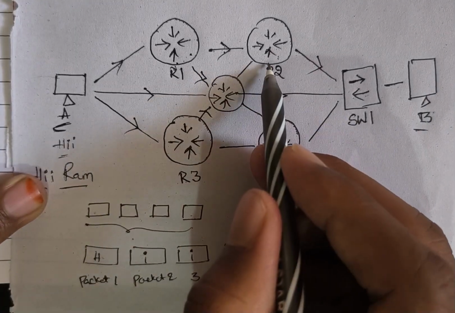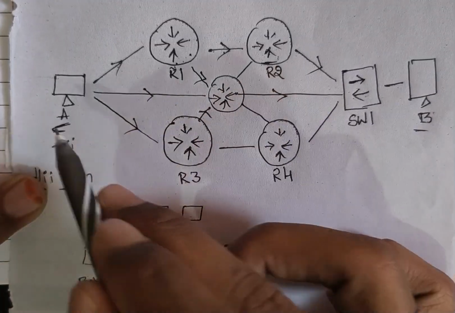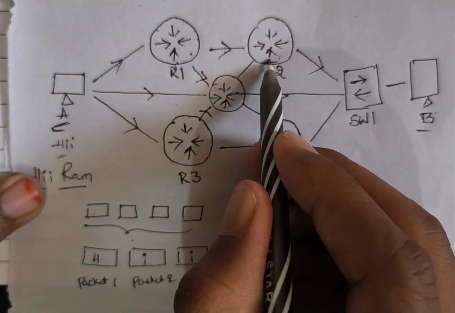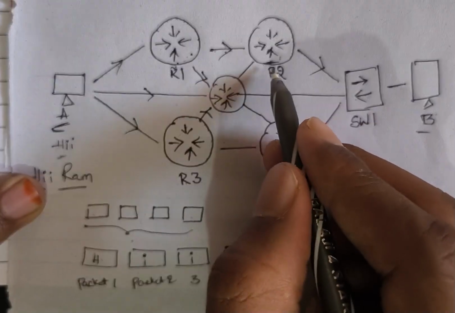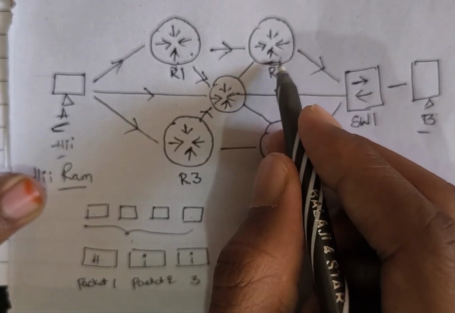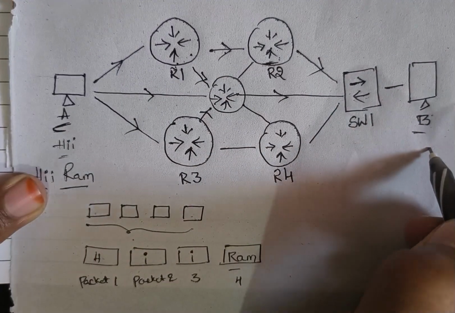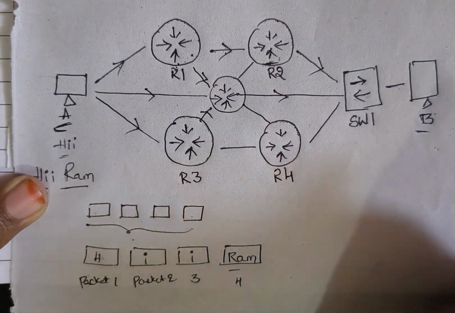Here R2 is the last node between A and B, because R2 will store the data and wait until all the data is received, and then send it to system B. That is called store and forward of the packets.